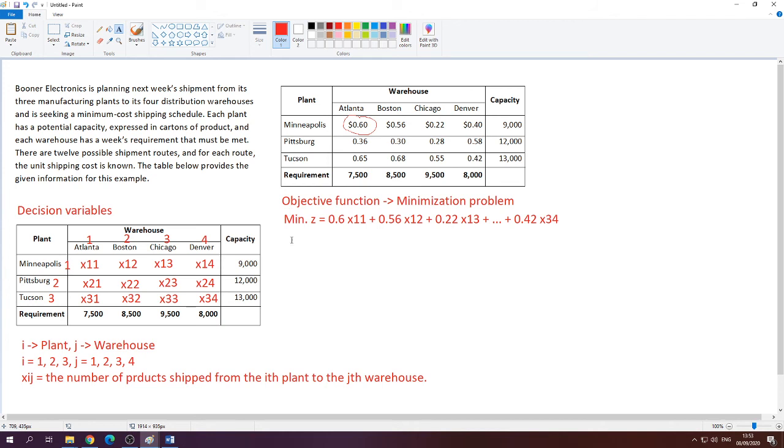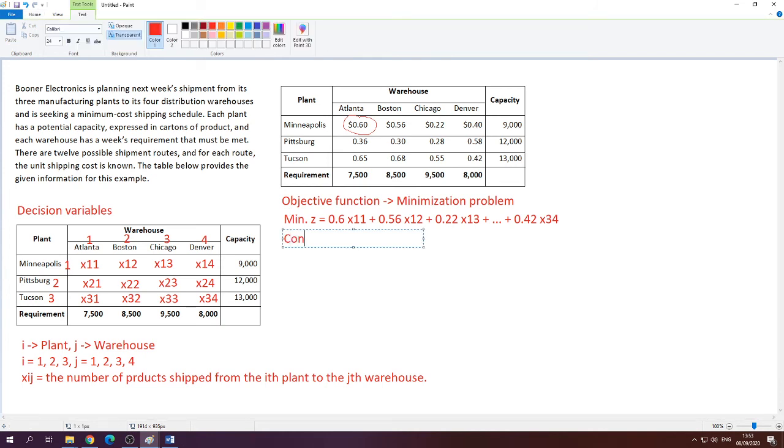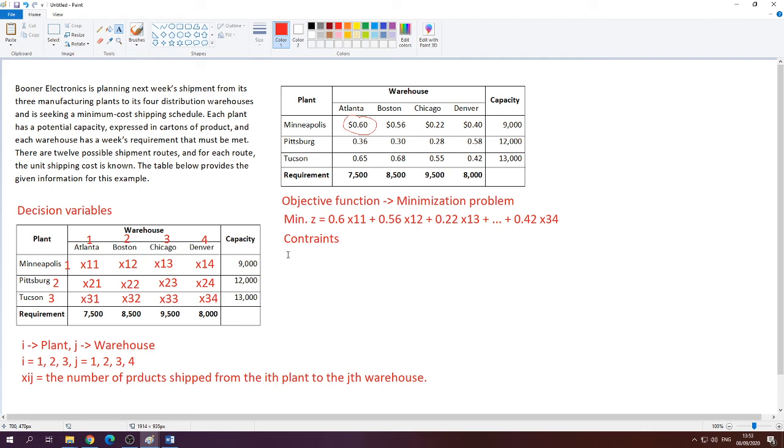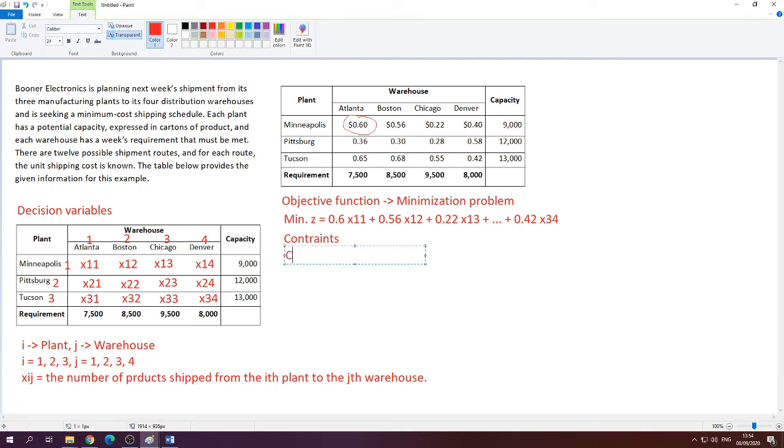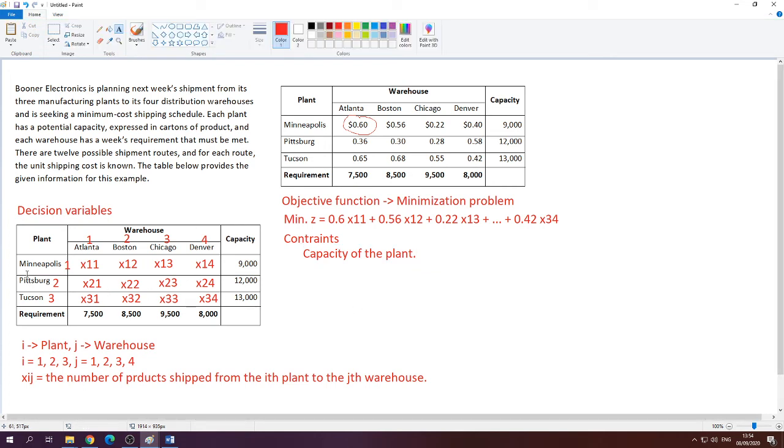Now the constraints. The first constraint will be the capacity of the plant. We cannot send from Minneapolis more than 9,000 units, from Pittsburgh more than 12,000 units, and from Tucson more than 13,000 units.